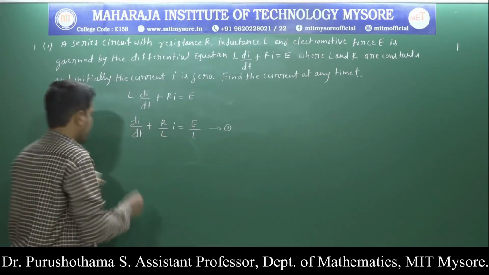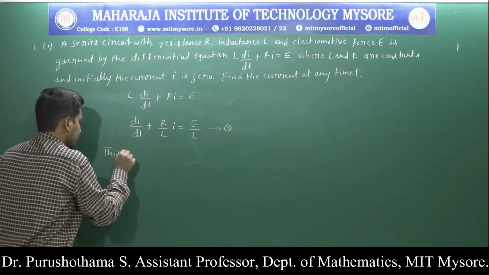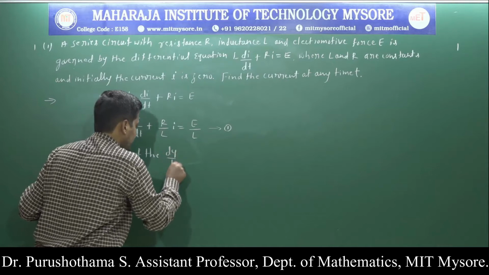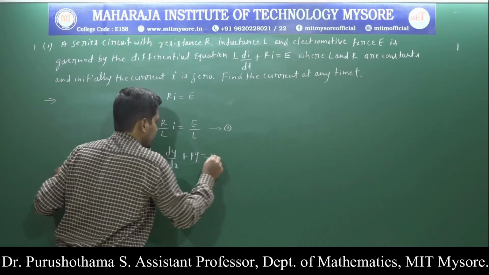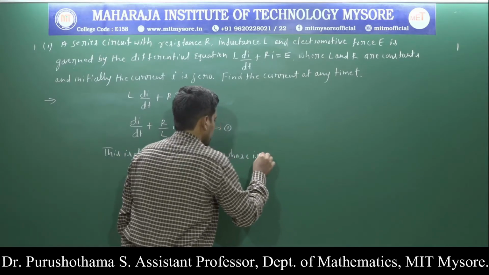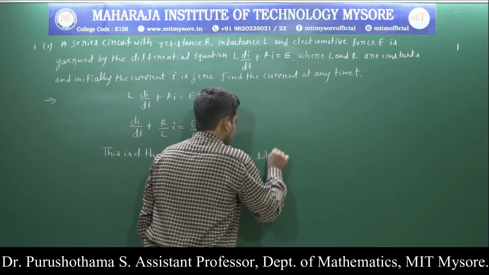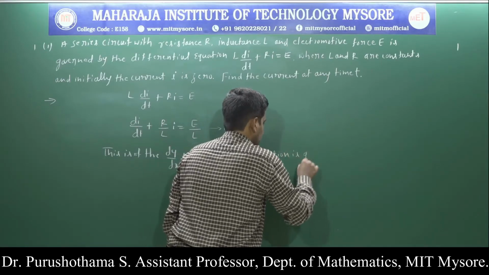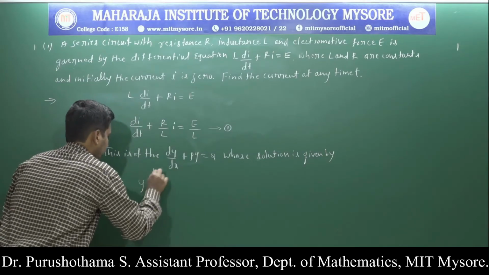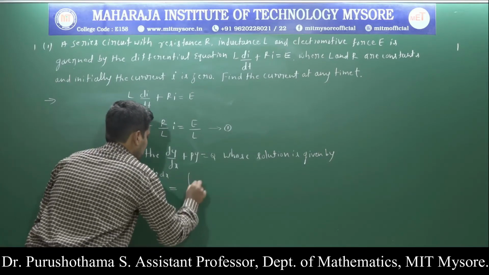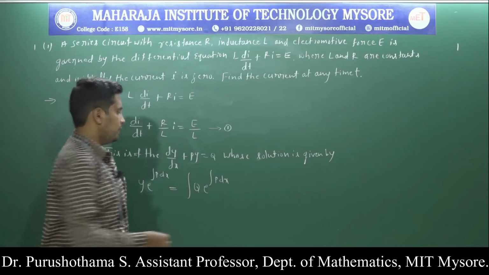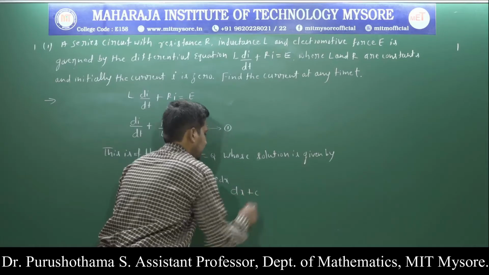This is of the form dy by dx plus p into y is equal to q, whose solution is given by y into e power integral of p dx is equal to integral of q into e power integral of p dx with respect to x, plus c.